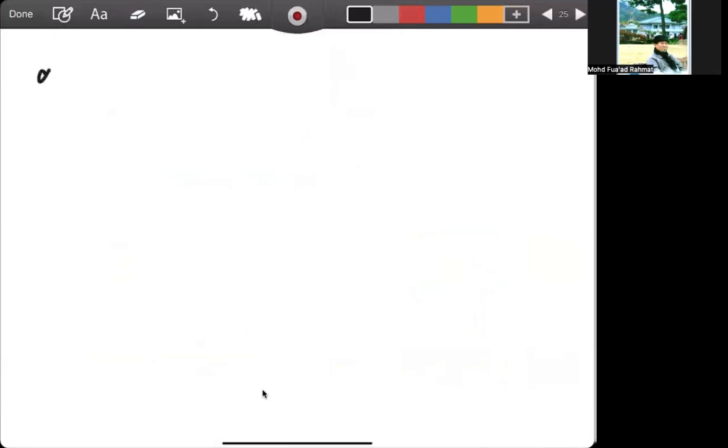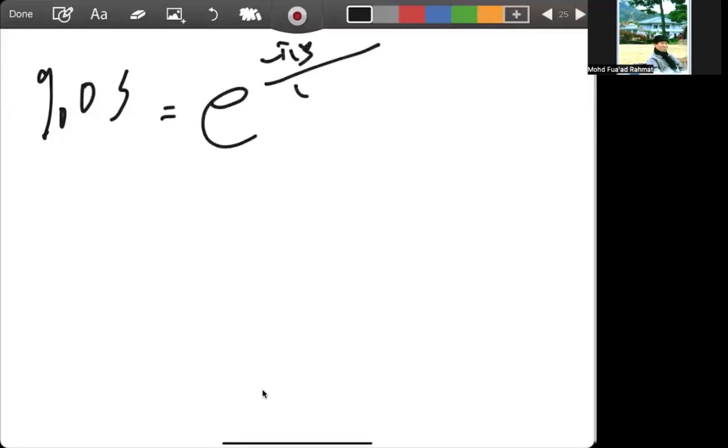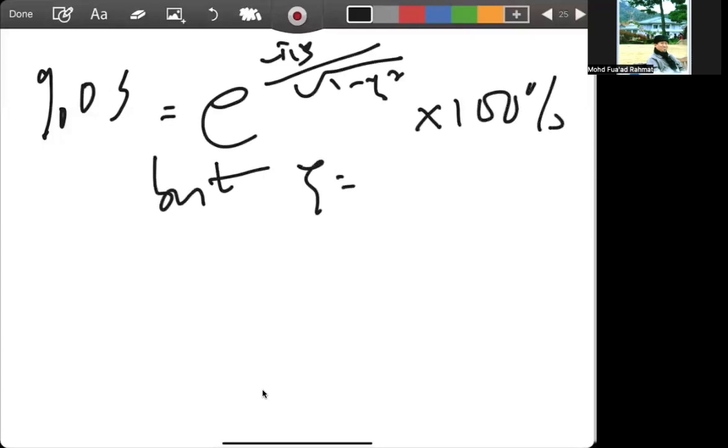And then the next one is the overshoot percentage. Okay, so for overshoot percentage, of course, you have the formula here, e to the power of minus pi zeta over square root of 1 minus zeta square, multiplied by 100%. But zeta, we don't know, right? We don't know the zeta, so in this case, you have to find the zeta.